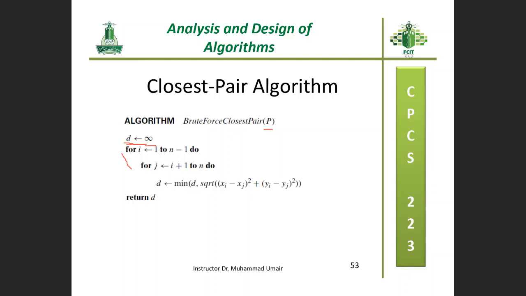The algorithm is very simple. There are two for loops implemented in a nested way. We are starting from 1 till n minus 1. Why are we not calculating the distance till n? Because we have n points, we are starting from 1, and why are we not taking n points? Why are we leaving out 1 point without calculating the distance?